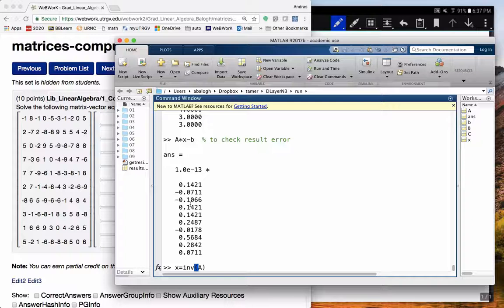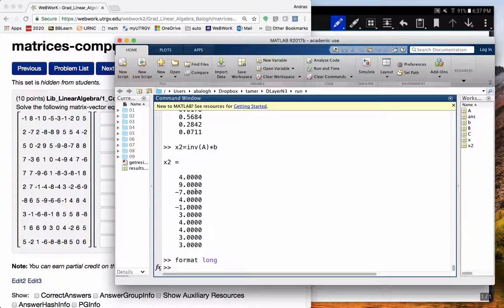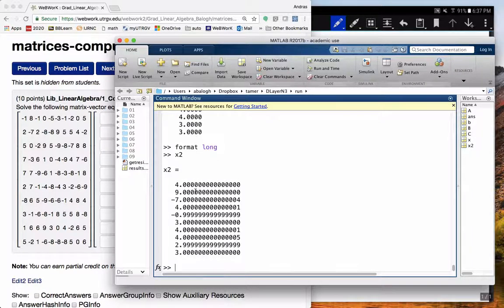Calculating the inverse of a matrix is inv(A), and let me denote the result x2, inverse of A times B. That gives you seemingly nice numbers also. If I use long format, the result is similar, a bunch of numbers that are close to integers, but not exactly.